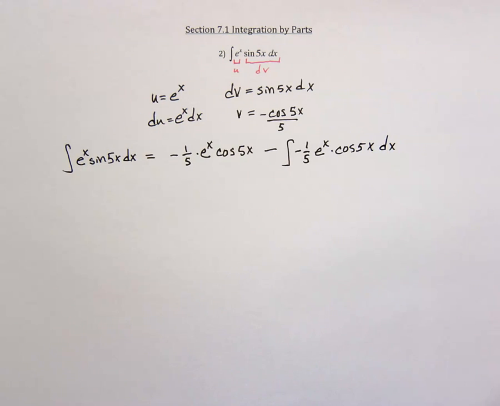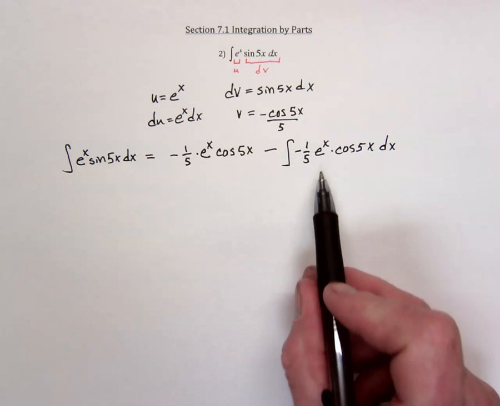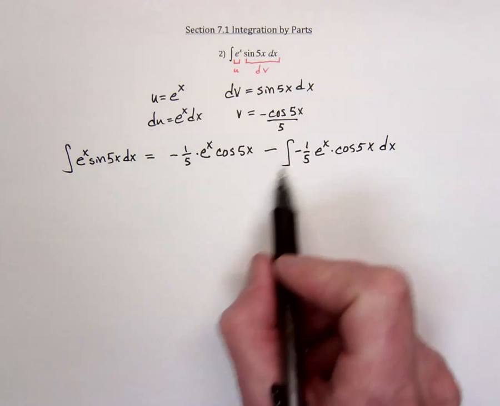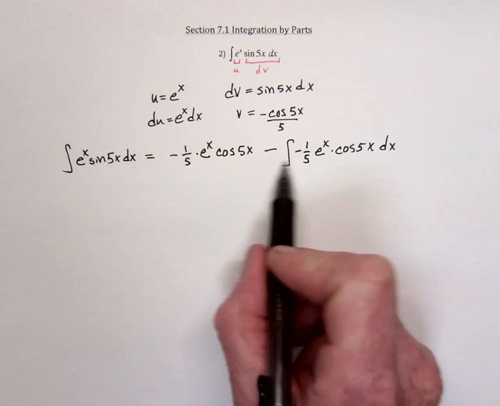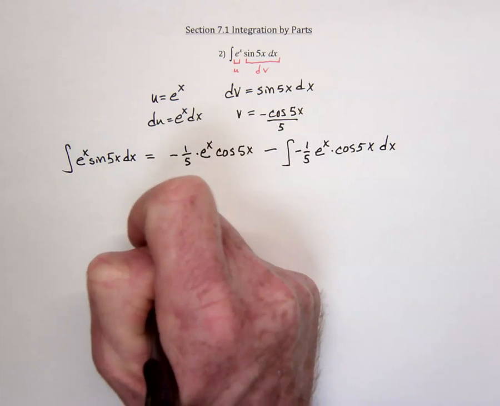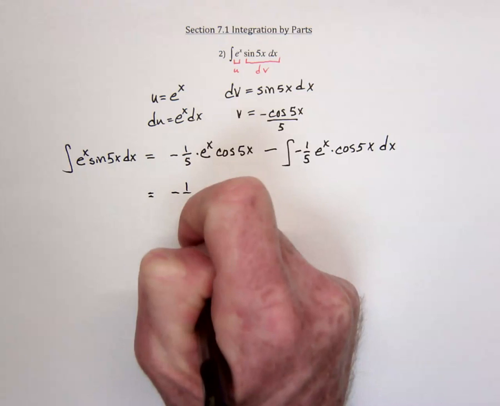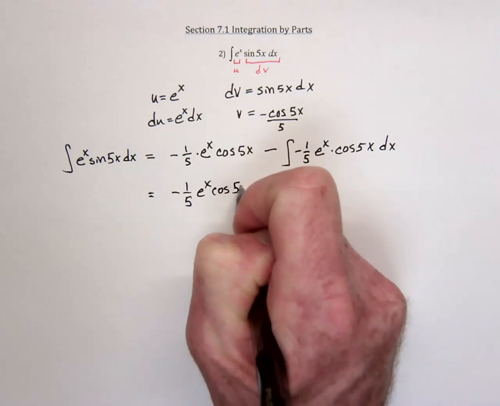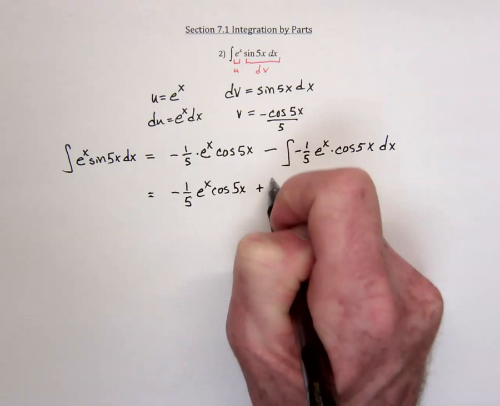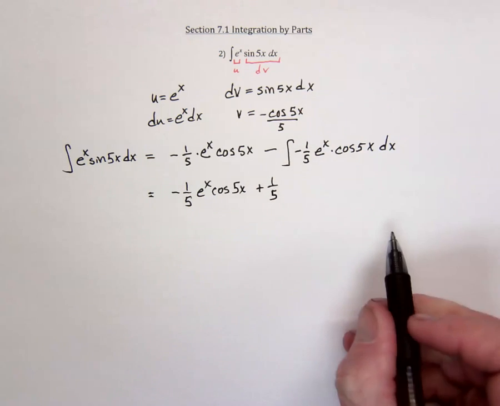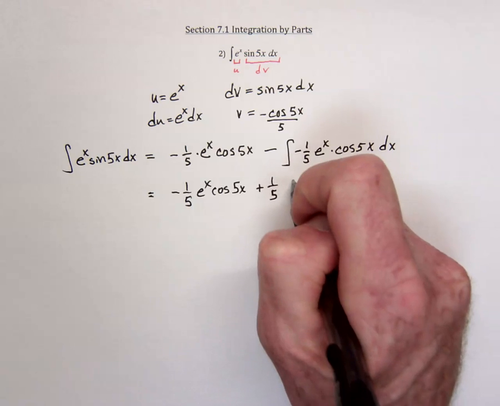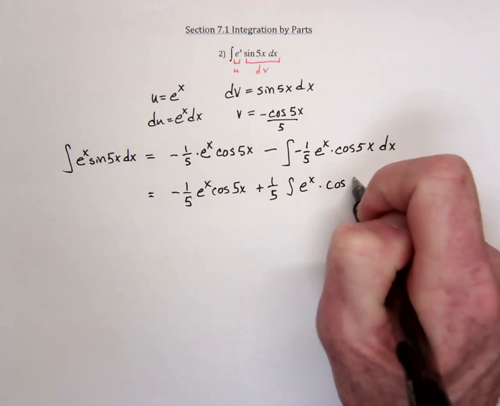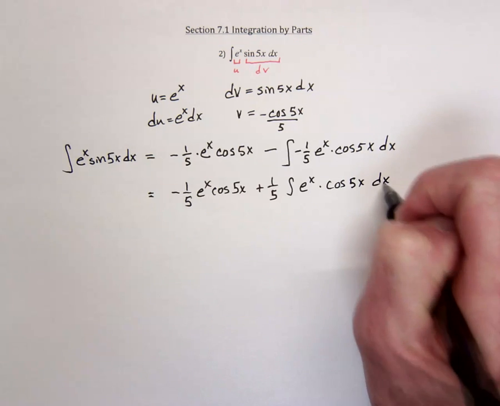Okay, we're about halfway done. We now need to do integration by parts again over here. So to keep track of everything, I'm going to go ahead and factor out this negative 1/5 and rewrite this part down. So with the two negatives, it becomes a positive 1/5, and now we need to integrate this, e to the x and cosine of 5x dx.